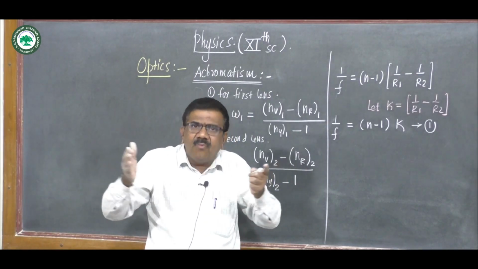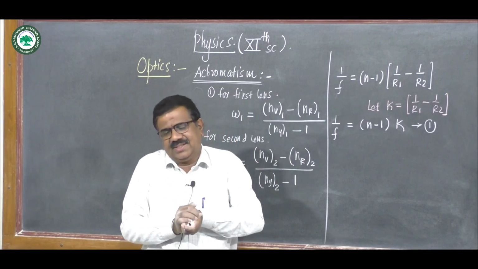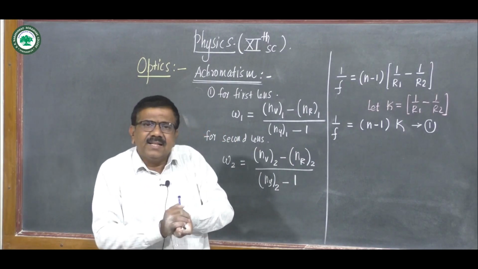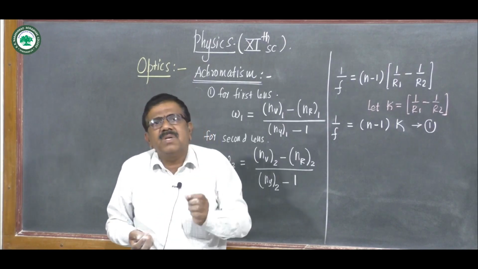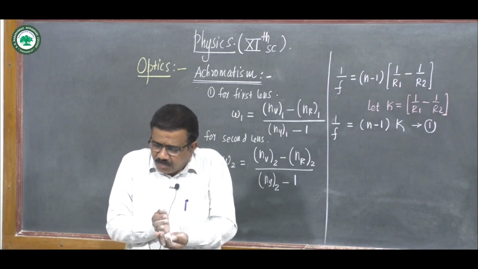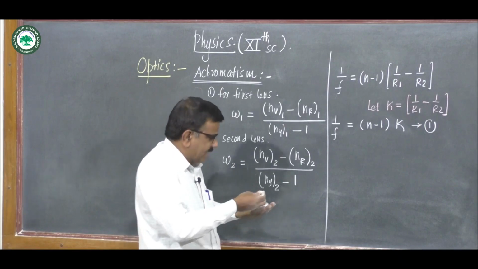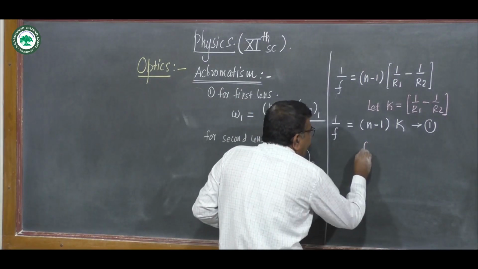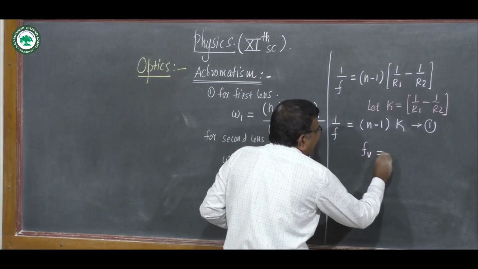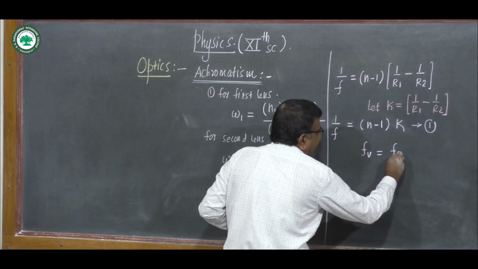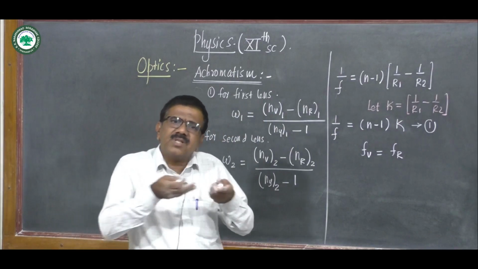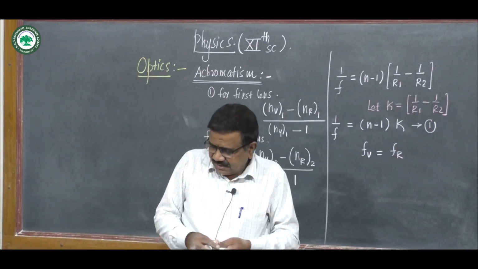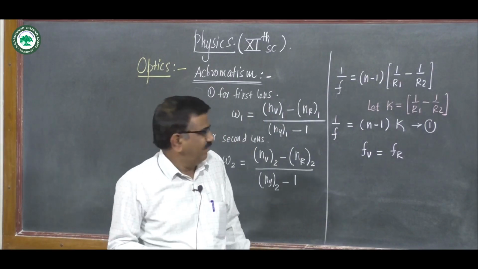If achromatic combination of lenses are used, the resultant focal length of combination must be same for both the colors. It means for this combination FV is equal to FR. This is the main condition. All the rays come to focus at the single point. FV is equal to FR.